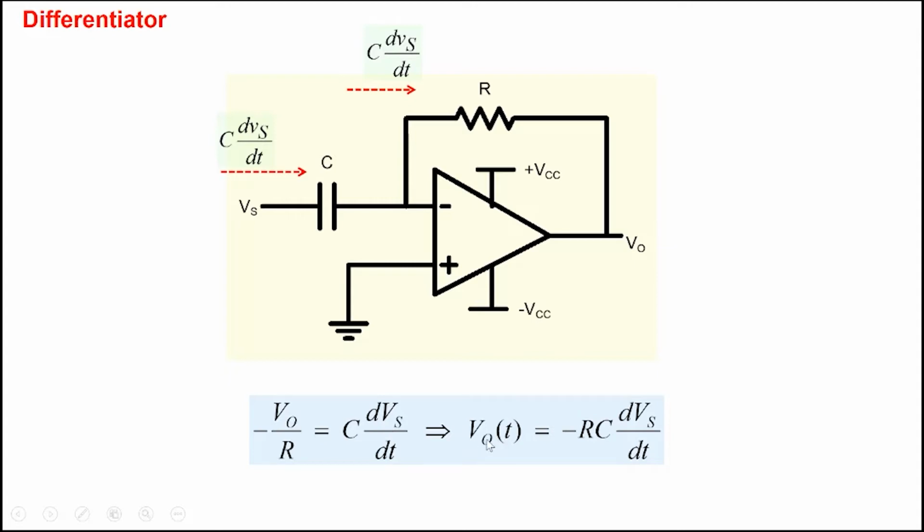Rearranging, V naught of t equals minus RC dVs by dt. So we get a differential of the input signal multiplied by the constant RC. Since we are applying the signal to the inverting terminal, we get a minus sign; the inverting terminal will always give us a minus sign. So we can build differentiators also.